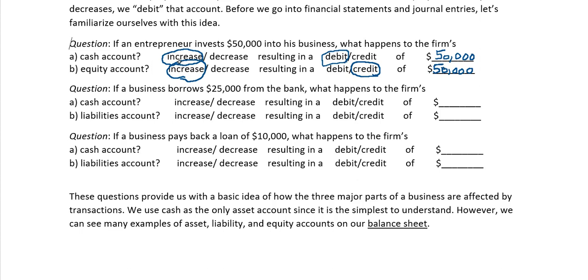Next question asks us, if we borrow $25,000 from the bank, what happens to the cash account? Well, again, more cash means the cash account is increasing, which is resulting in a debit, an increase to the cash account. And of course, the amount is straightforward, $25,000.